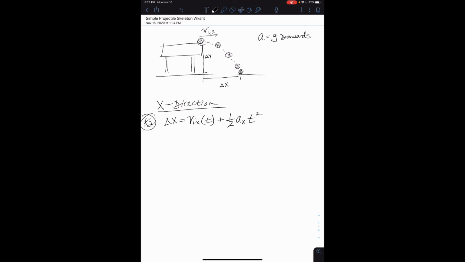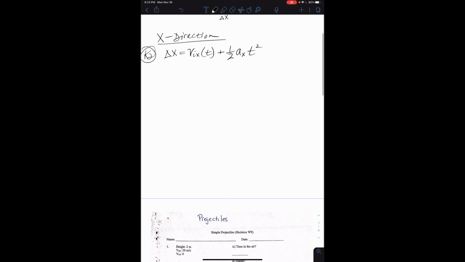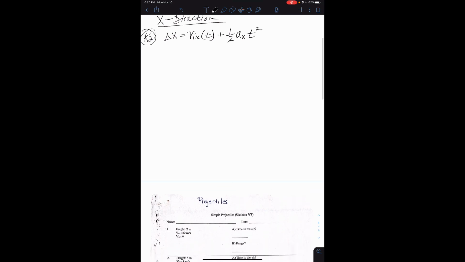Now, what we know about a projectile in the x direction, and first of all, you might have noticed I did something slightly different this time, is that I labeled the VI and I labeled the A as being in the x direction. So one of the themes, or a couple of the themes of this chapter, one being that you can talk about the x direction independently of the y direction.